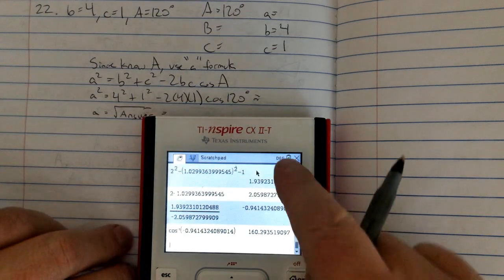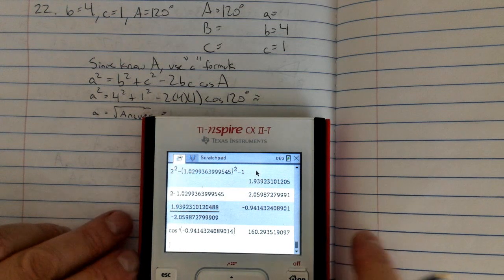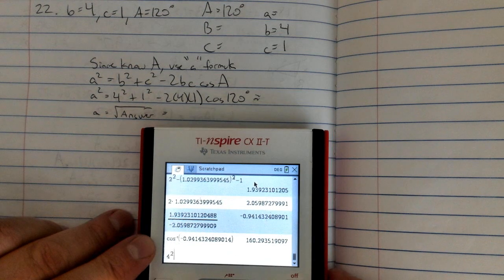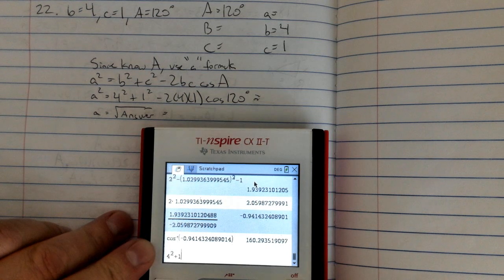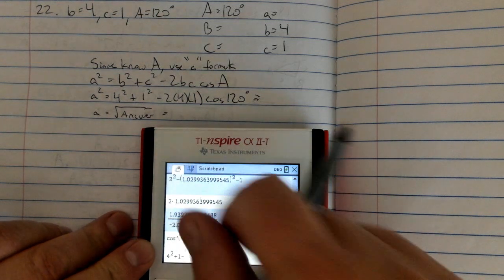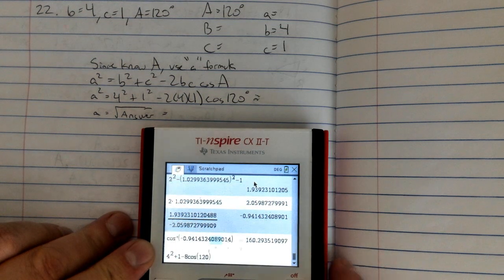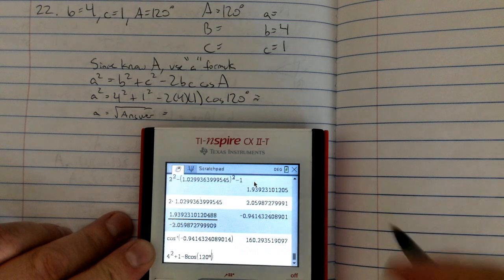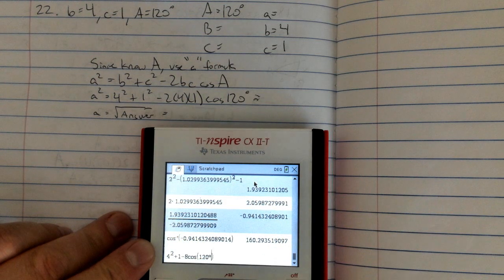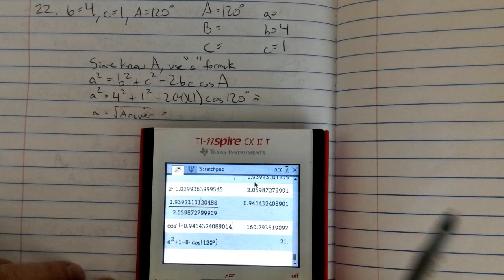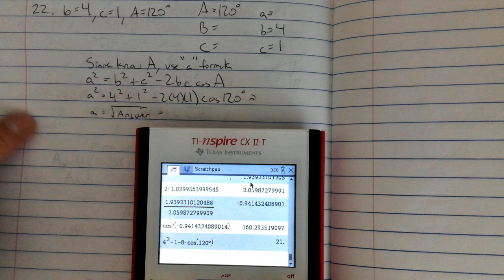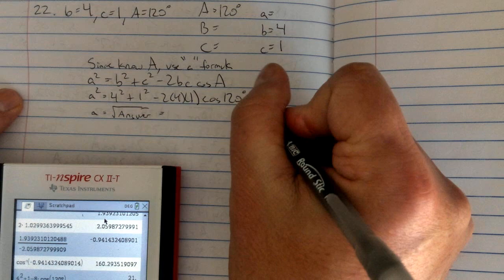And so we are in degree mode, and we put 4 squared plus 1 squared is just 1, so I'm just going to put 1 there. Minus, that turns out to be 8, and then cosine 120 degrees. If you're in degree mode, you don't have to put the symbol, but again, sometimes it's sensitive. And in this case, we get 21. Okay, so this is exactly 21.